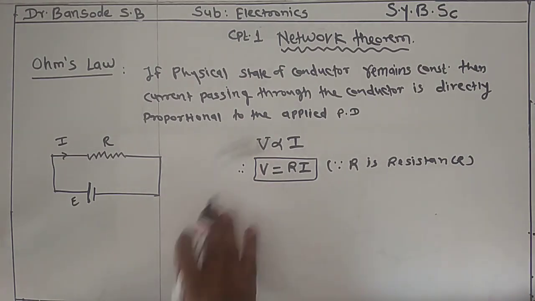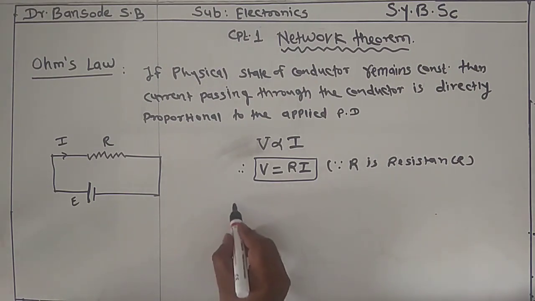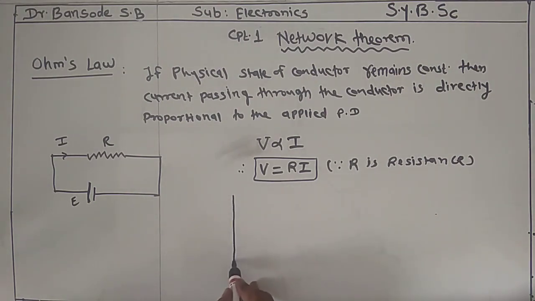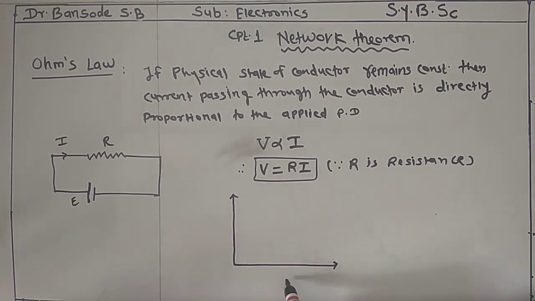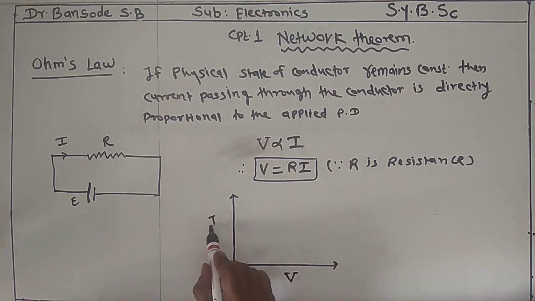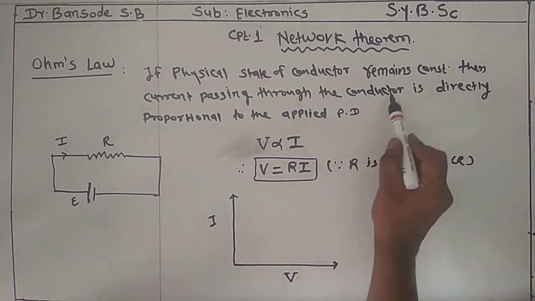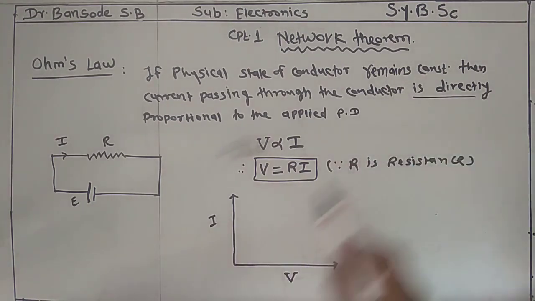If we plot the graph, potential difference versus current, the graph will be like this. If on x-axis we put the value of potential difference and on y-axis current is there, in the statement we have mentioned that it is directly proportional.